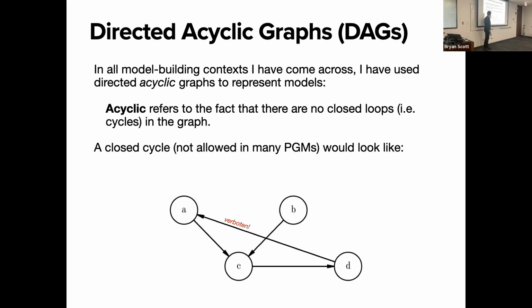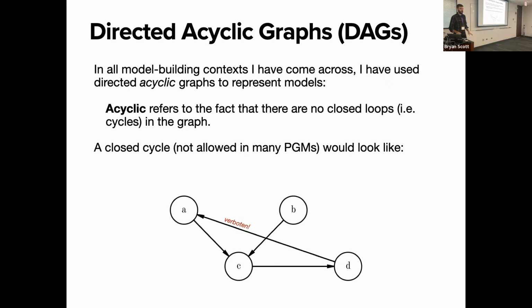Notice that here, A points to C, C points to D, and D points to A again. That makes a cycle in this graph. And when you think about probabilistic random variables, we can't have these kinds of cycles in the types of models that we're going to be talking about. So the PGMs that we're going to focus on are inherently directed acyclic graphs, DAGs. Lots of acronyms.